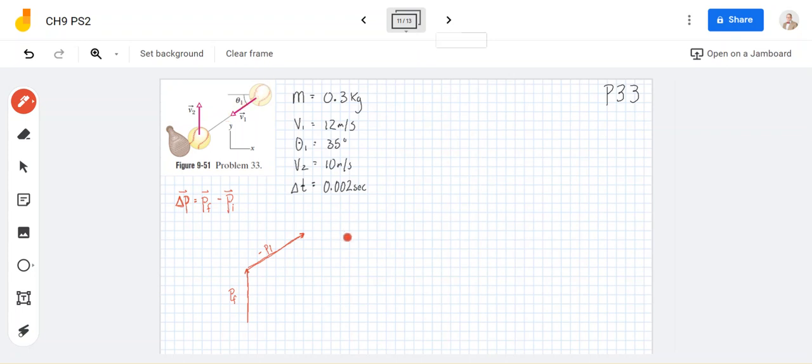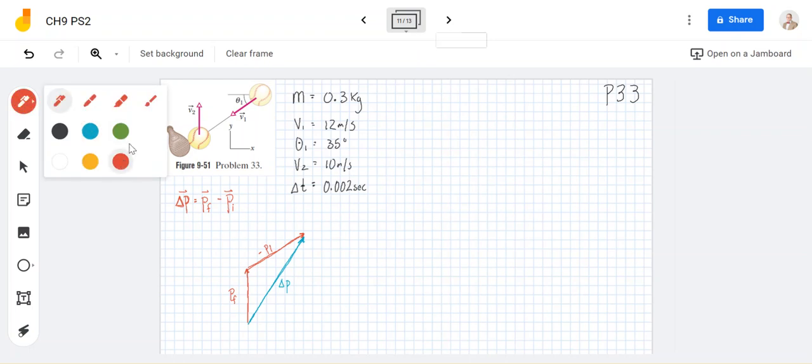The negative one is this way. And so if I then go to draw the change in momentum vector, it's final plus negative initial. You draw from the open tail to the open tip. And this is going to be the change in momentum vector.